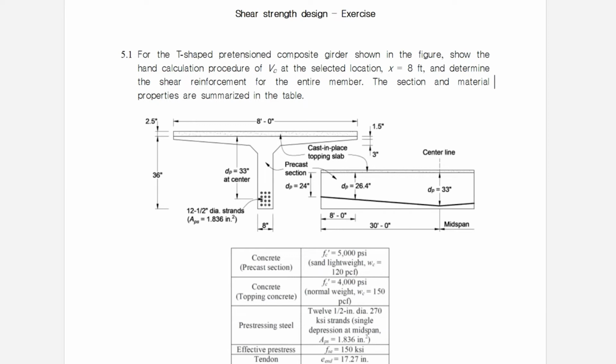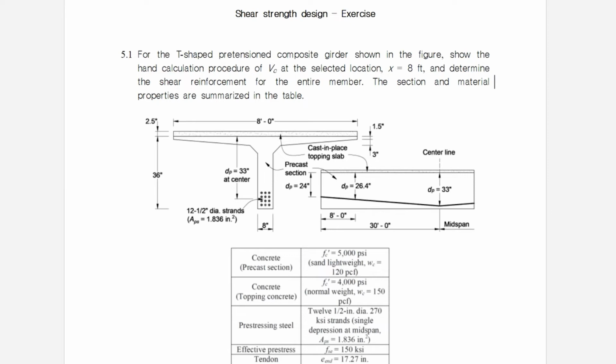First example, for the T-shaped pretension composite girder with the 2.5-inch thick slab topping, show the hand calculation procedure of VC at the selected location at 8 feet from the end, and determine the shear reinforcement for the entire member.